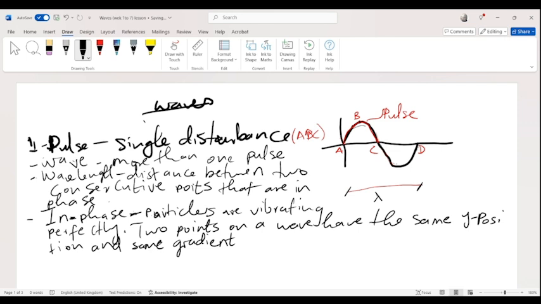So, for an example, let's say we have 2 waves.